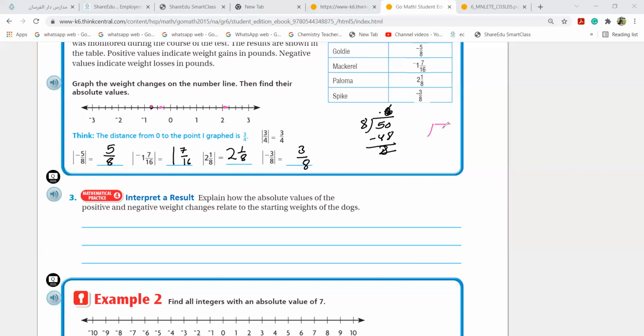If I do 3 over 8, 8 times 3 is 24. Means 0.3, somewhere here. Somewhere here after 0.246, 0.3 here somewhere. Yalla. Just put the points and finish writing this.